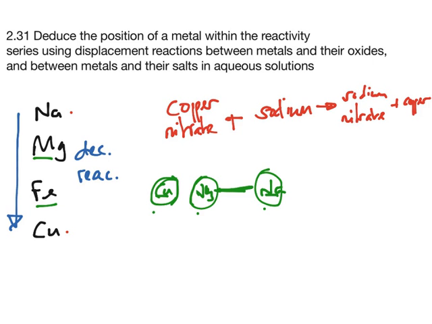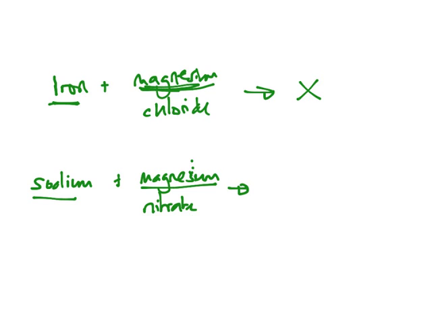Let's have a look. Sodium is more reactive than magnesium. If it is more reactive than magnesium, it's able to grab hold of the nitrate to form sodium nitrate, and it leaves behind magnesium. I can't fit that in. Okay, I hope that makes sense.